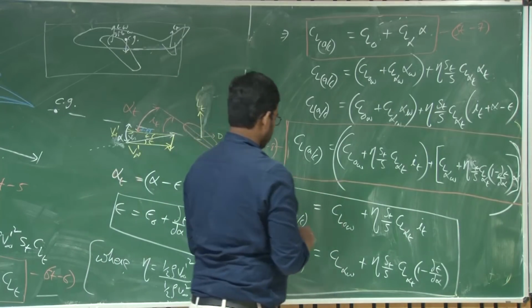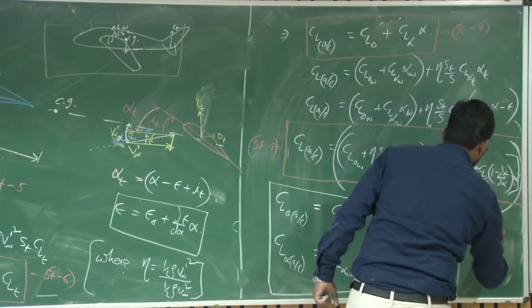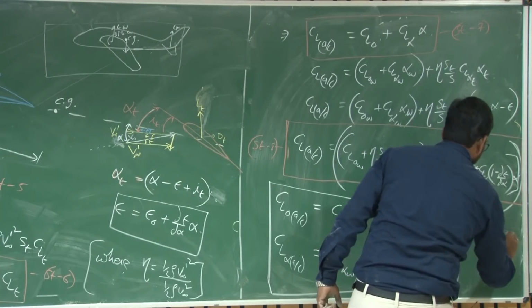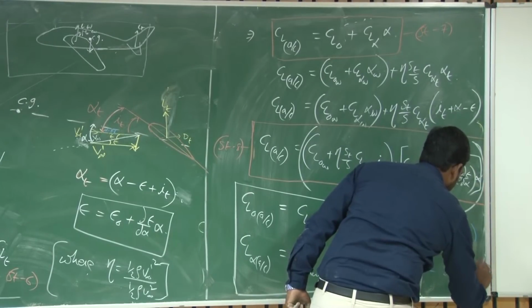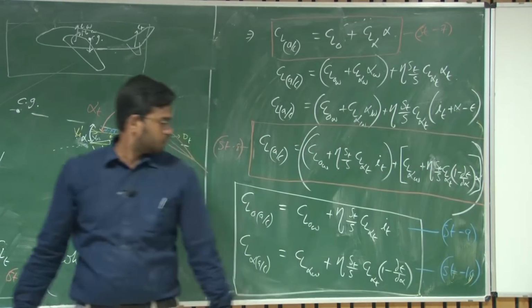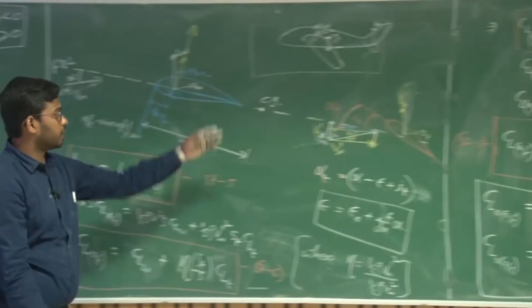These are two equations, stability 9 and 10. Now let us look at moment about CG.